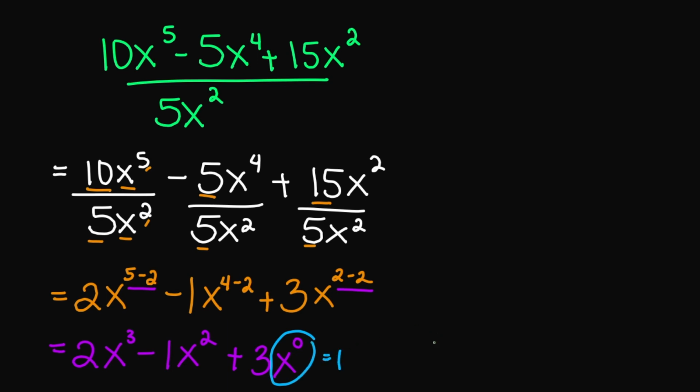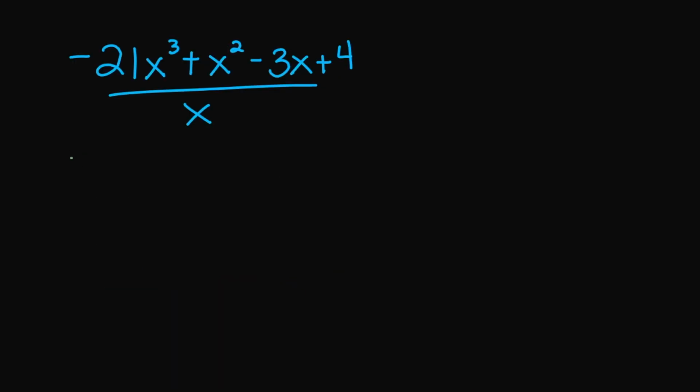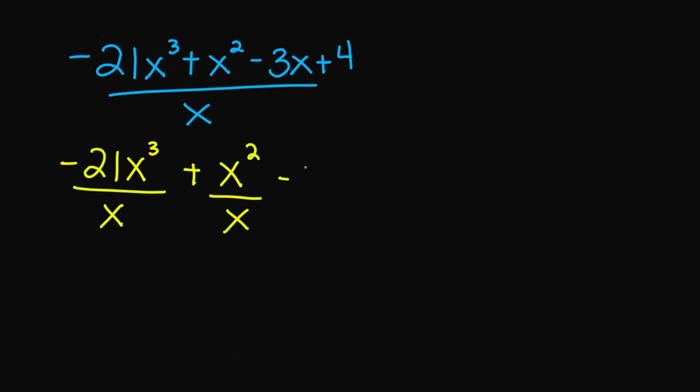So your final answer is going to be 2x cubed minus 1x squared plus 3. And this is your final answer. So let's look at this example. We have negative 21x cubed divided by x plus x squared divided by x minus 3x divided by x plus 4 divided by x.